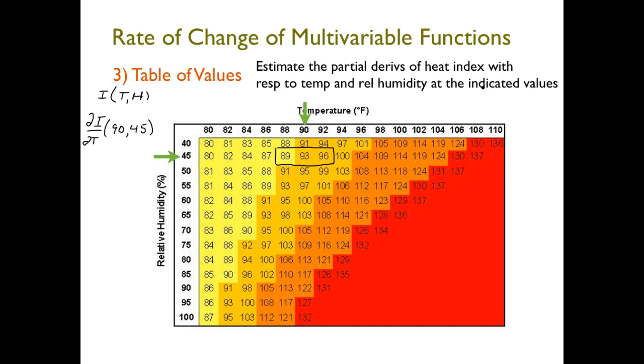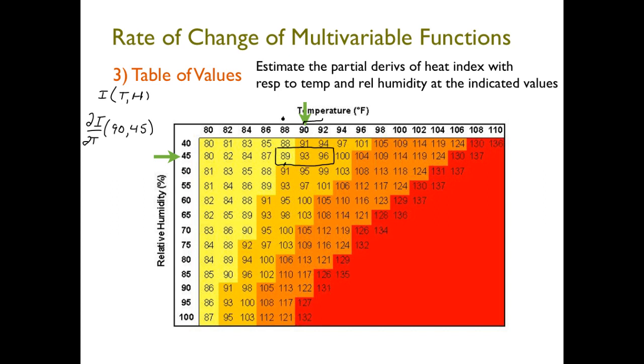So given a small change in temperature, you multiply it by this rate of change and it gives you the corresponding change in heat index. Make sense? So we got to just use what we got. What change in temperature do we have? 2.